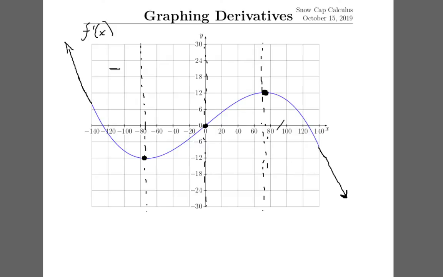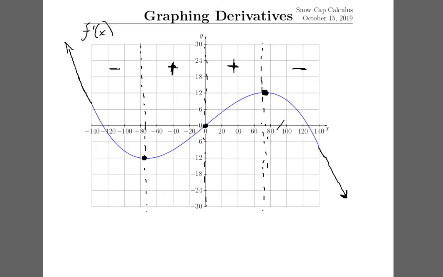The derivative is going to be negative whenever our function is decreasing. It'll be positive whenever our function is increasing. So from left to right, this is decreasing, so our f prime of x is negative. Between negative 80 and 0, it'll be positive. Anything from 0 to positive 80, it's still going to be positive. So our inflection point doesn't quite matter just yet, but it will. And then anything greater than about 80, it's going to be negative.